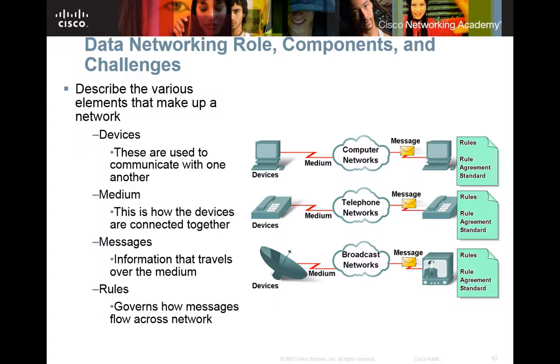Medium is the network cabling infrastructure that it goes through. So when I talk to you, what type of medium is this? You need to tell me if it's a WAN line, serial, fiber, copper, whatever. That's the physical medium. And then the devices could be a phone, satellite, PC, cell phone, whatever.